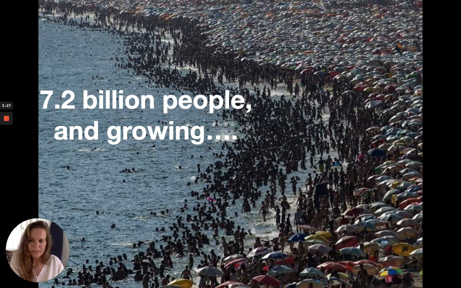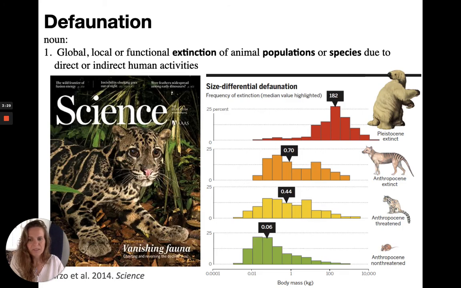And parallel to that land transformation, we have defaunation, which is also a worldwide phenomenon in which the fauna is vanishing from the planet, and the fauna that is remaining is not random, but is directed to the smaller sized ones. So we have something that we call the downsizing effect, in which the species of the Anthropocene have much smaller body mass than they used to.